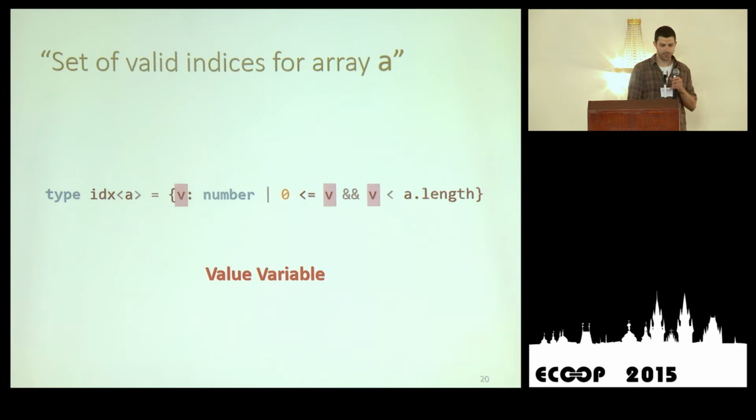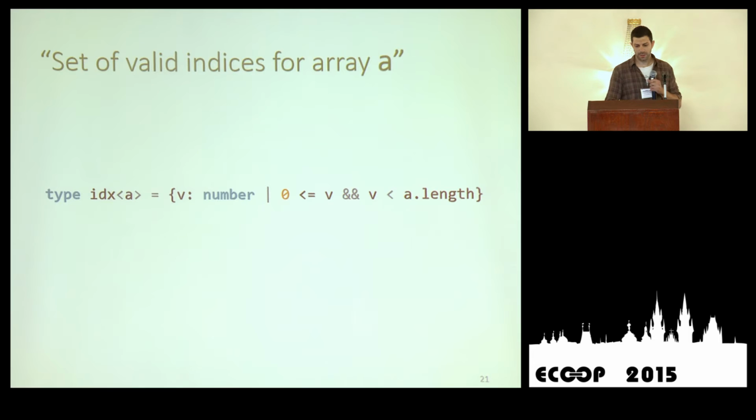We also notice that there's a value variable v to denote the element of the set that we're describing. And this is a valid description of what we want to say here, in that v is greater than or equal to 0, which is the case for indices, and also is bounded by the length of the array A.